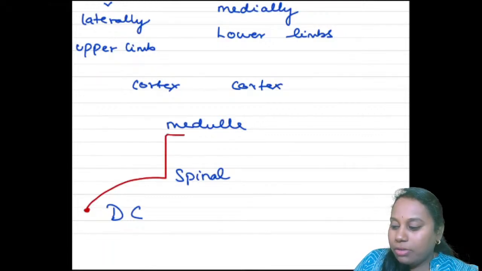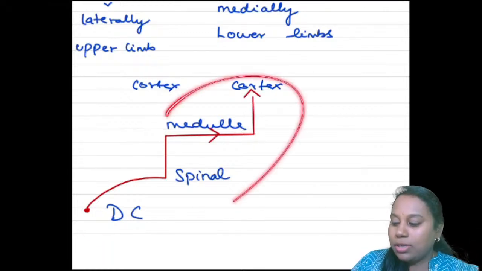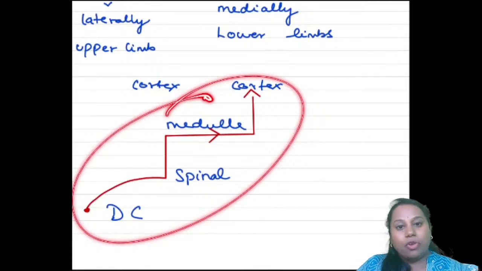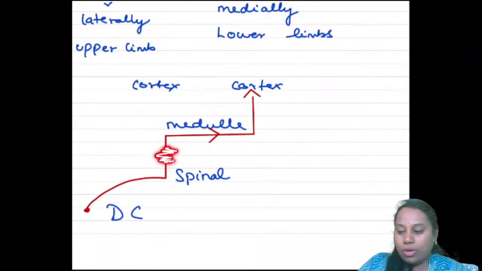In the medulla, the fibers cross to the opposite side and reach the cortex. So this is the dorsal column fiber. If there is any damage to this dorsal column fiber, the patient will lose sensations on this half of the body.